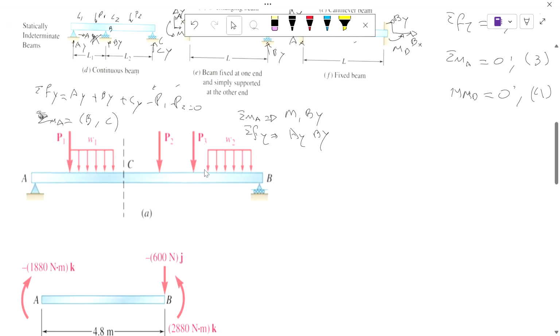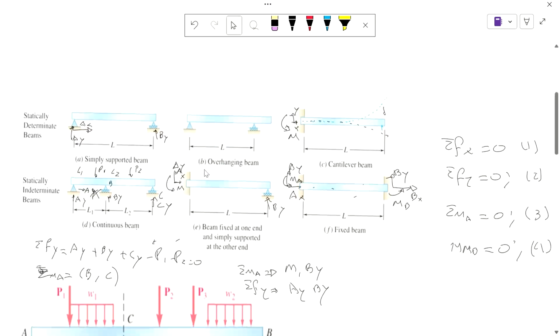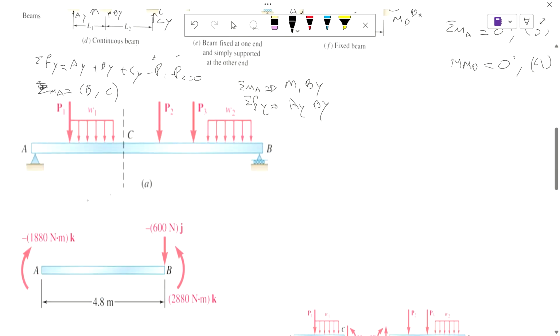Okay, so after saying that, when we need to solve the problem, it's most likely going to be one of these three types, A, B, or C: simply supported, overhanging, or cantilever beam. And the new concept here is that we're going to have sections and see what the shear and moments are at those sections. So we know by now how to solve the external and internal forces of this body.